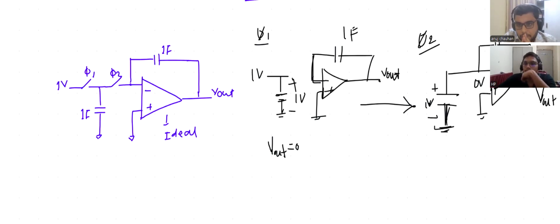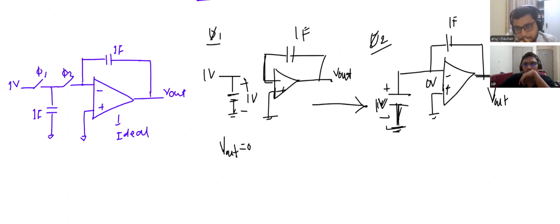But whatever charge is present in this node, this capacitor, that will be dumped into this capacitor, the feedback capacitor. How will it be dumped? If I assume plus minus VC, I will apply charge conservation here at this node.